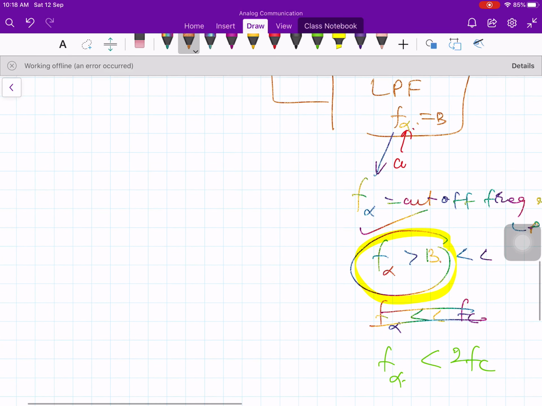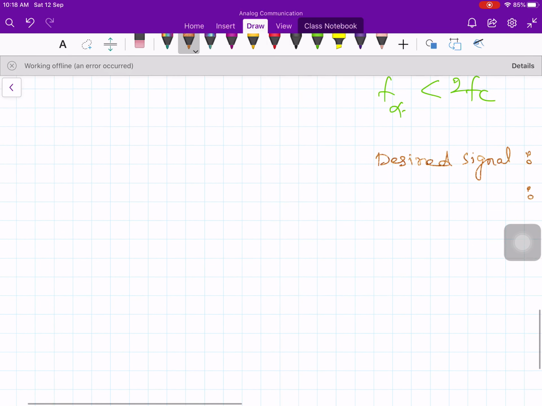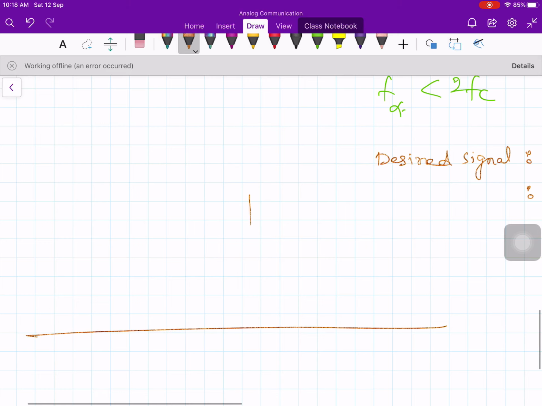Okay. So in the frequency domain, let me draw the figure once more. So this is your M of f, and let's say your low pass filter characteristics like this.